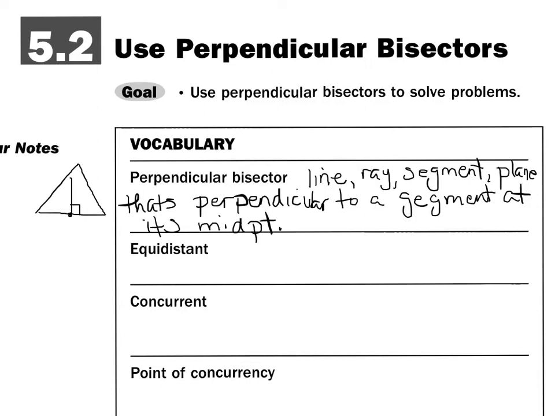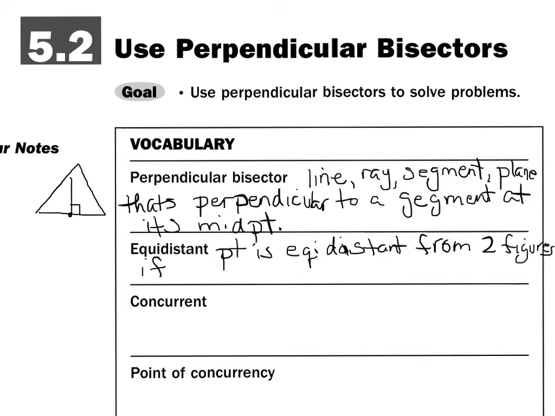Okay, equidistance. A point is equidistant from two figures if it's the same distance to both.